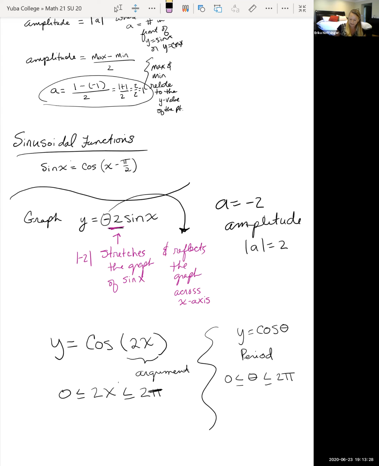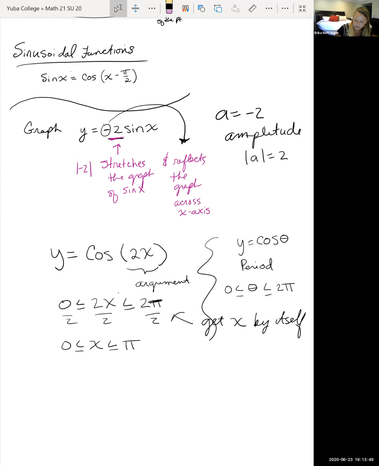So get x by itself. We can divide every side by 2. We get 0 is less than or equal to x is less than or equal to pi. So this is our new period.